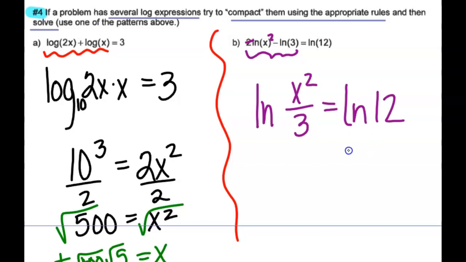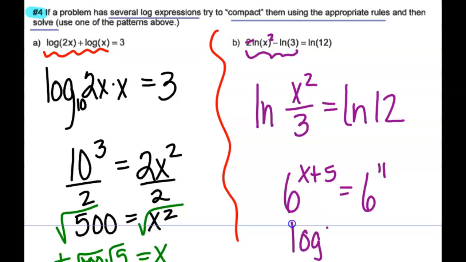Now, there's an amazing property called the one-to-one property. It says if you have, for example, 6 to the x plus 5 equals 6 to the 11, x plus 5 has to equal 11. The same is true for logs.